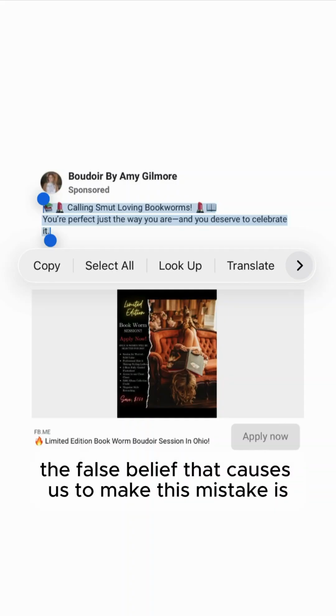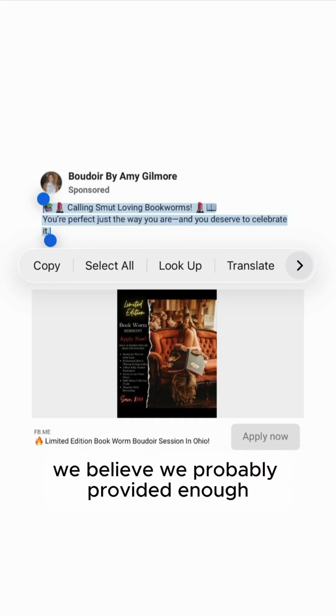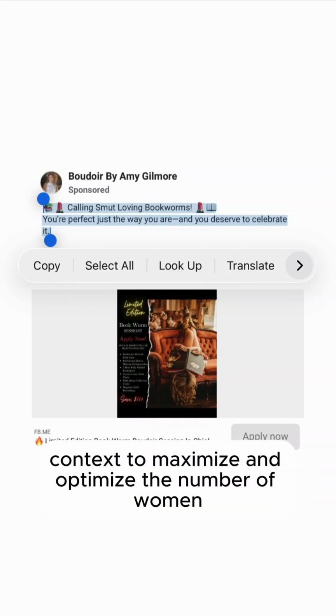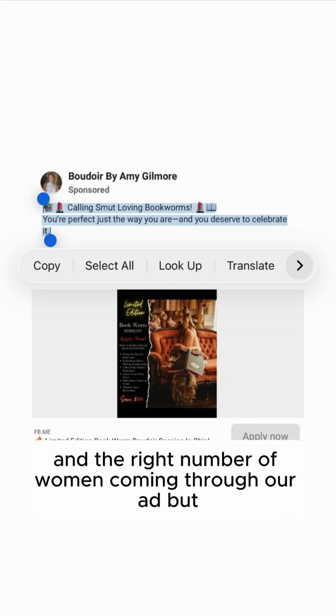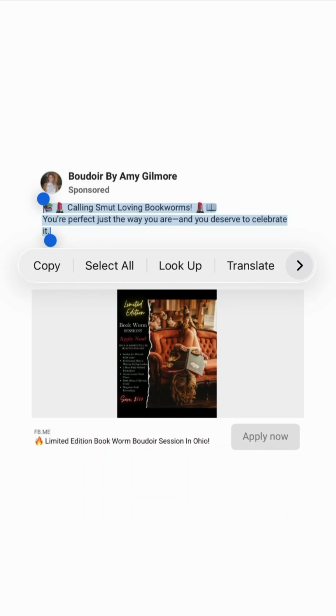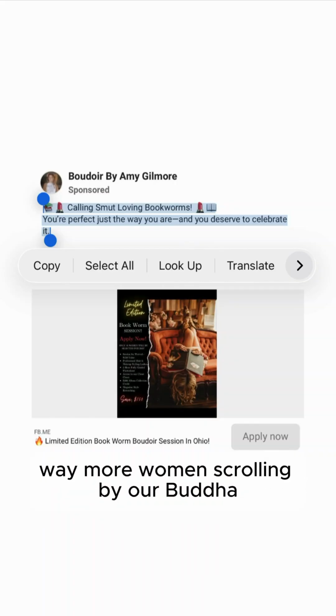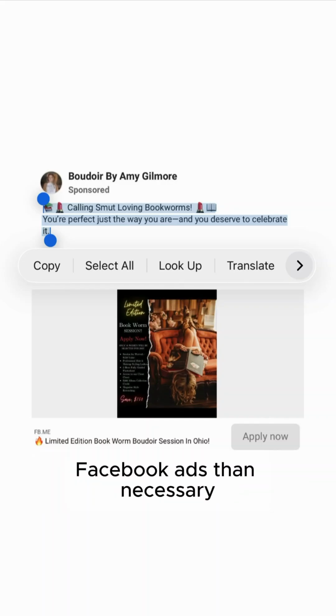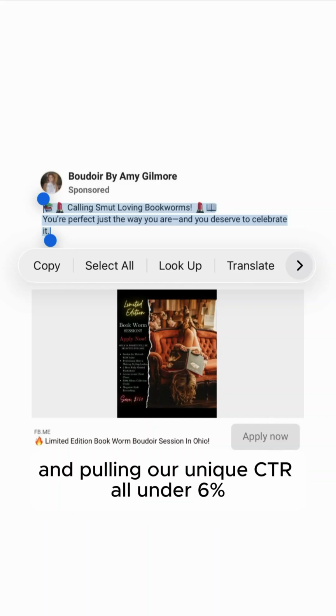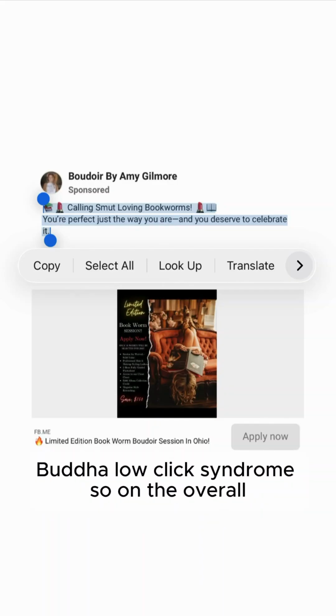The false belief that caused us to make this mistake is we believe we provide enough context to optimize the number of women, and the right number of women, coming through our ad, but we didn't do that. So the consequence is way more women scrolling by our Boudoir Facebook ads than necessary, pulling our unique CTRL under 6%, contributing to BLCS, Boudoir low click syndrome.